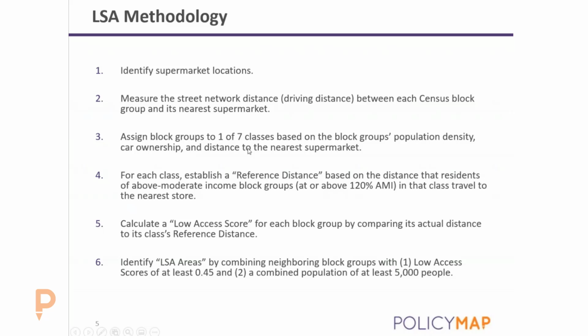With that, they based car ownership and, of course, the density of population. So the more people lived in a place that had fewer cars, the more those people would need to get to a grocery store. A lot of these references start talking about people and such. And then from there, they created a base distance, and from that, they created the LSA scores themselves.